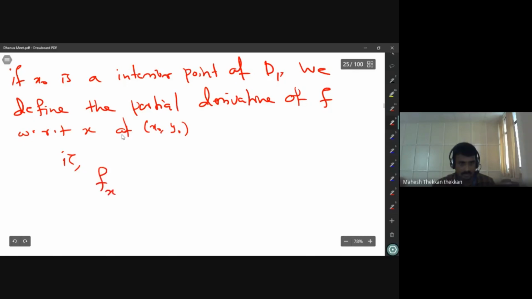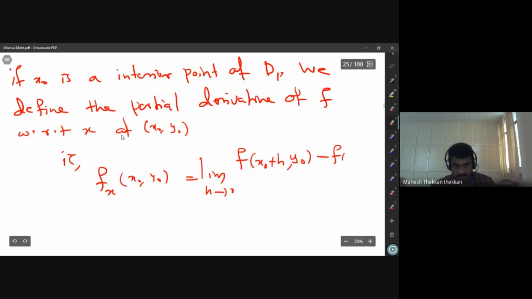I may denote it by fx at x0, y0. This is nothing but the limit as h tends to 0 of f of x0 plus h comma y0 minus f of x0, y0, divided by h. We only make increments on the first variable.